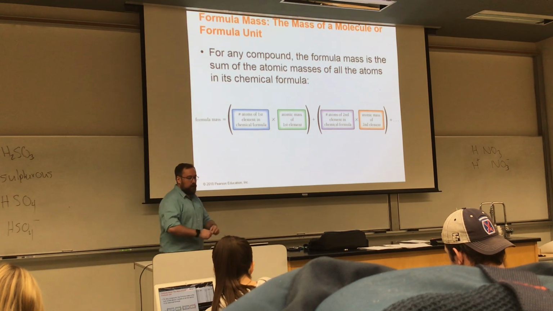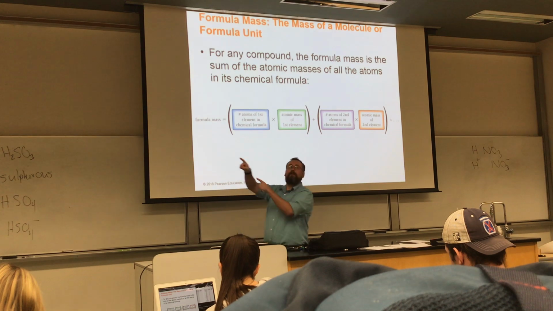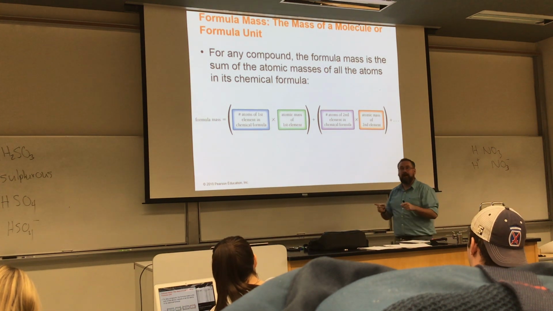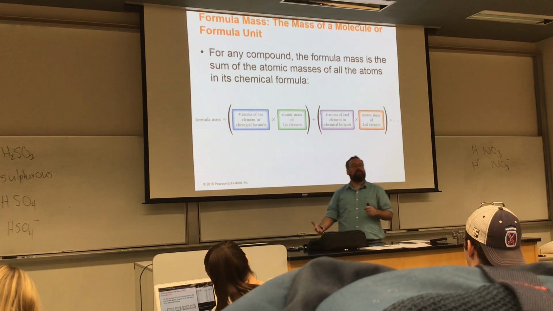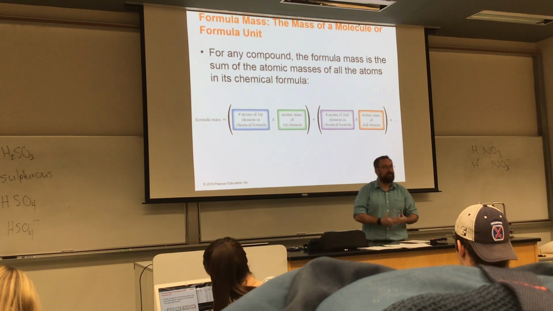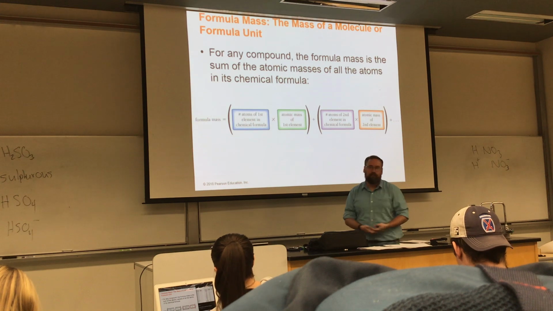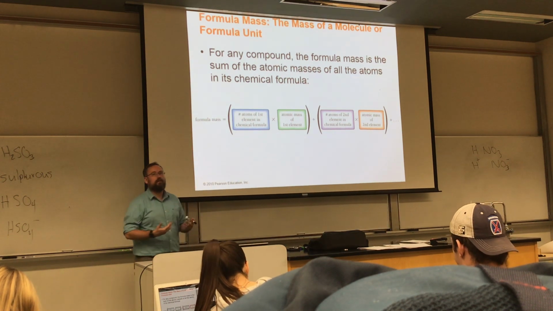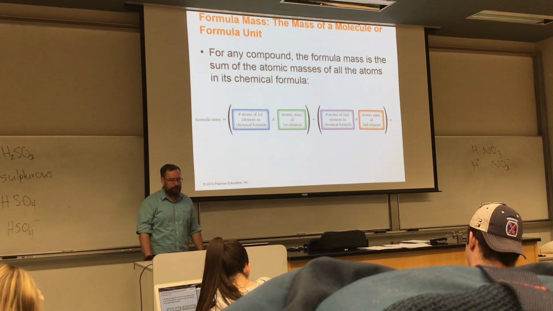So what we do is, we look at the periodic table and grab the atomic mass of each element and multiply it by the number of atoms of those elements in our chemical formula, and sum it all up to get the molecular mass of any particular molecule.